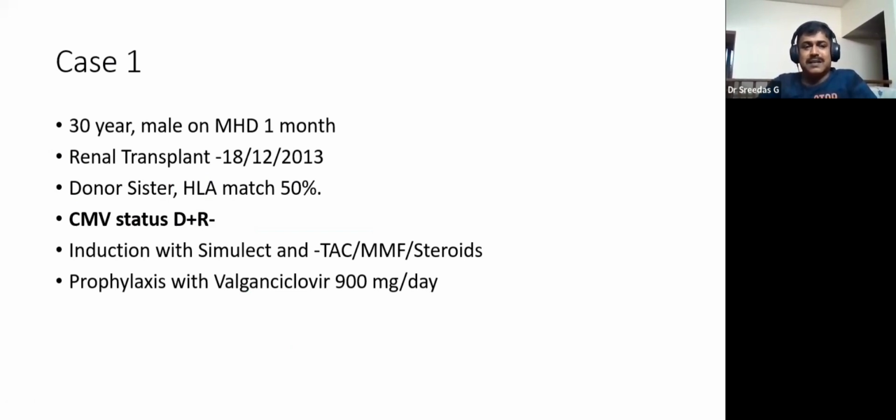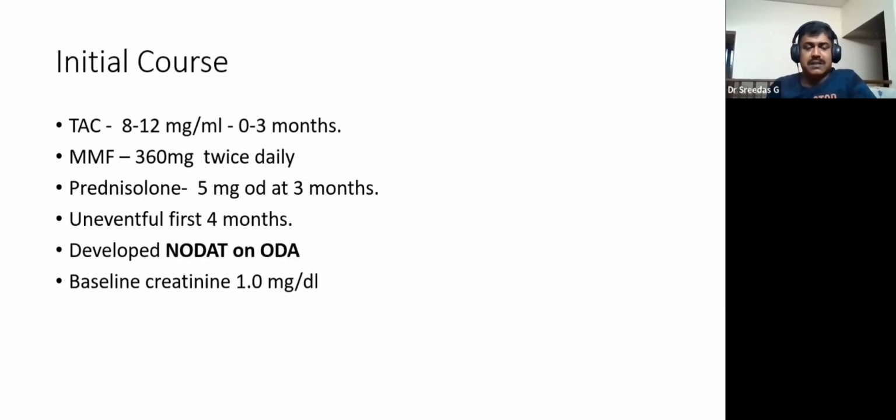So, this is a 30-year-old male who underwent 1 month of hemodialysis prior to transplantation that was done somewhere around December 2013 with a sister as donor, haploidentical, and D plus R minus immune status for CMV. And he received induction and standard triple immunosuppression with valganciclovir prophylaxis.